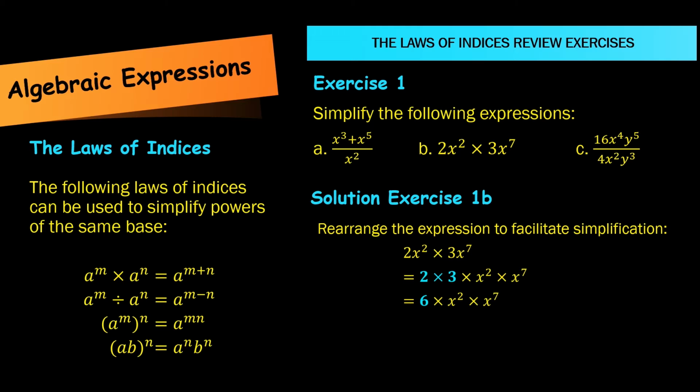Now let's tidy up. 2 times 3 is 6, and for the time being we're leaving x squared times x to the 7 as it is. And x to the 2 times x to the 7, we simply add the indices to give x to the 2 plus 7 as shown. And finally tidying up gives 6x to the power 9.